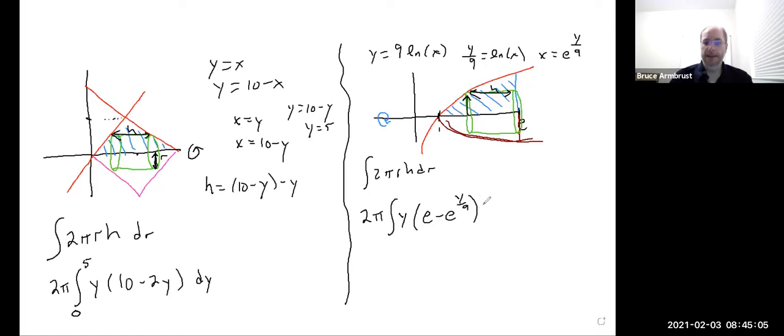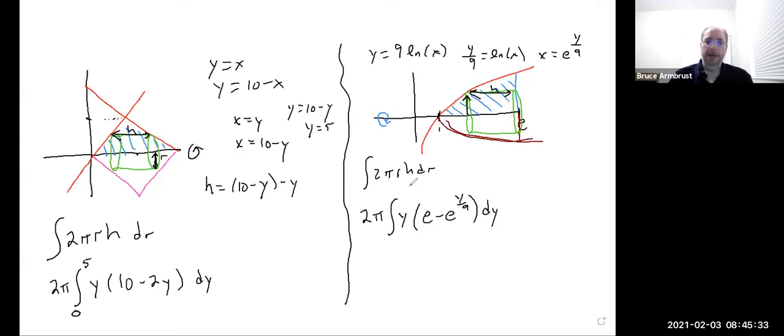And then our thickness is again going to be a dy, since we're going about the x-axis. Okay, so again, 2 pi, here's our radius, and then our height: e minus the function value, which is e to the y over 9.